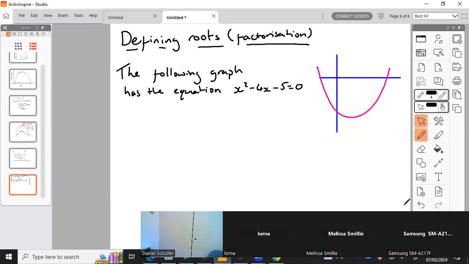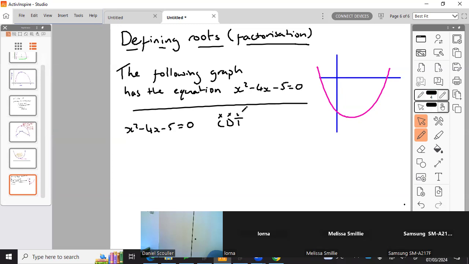What we'd do is go through our CDT process. So x squared minus 4x minus 5 equals 0. Carry out our CDT on that trinomial. Is there a common factor to simplify that?